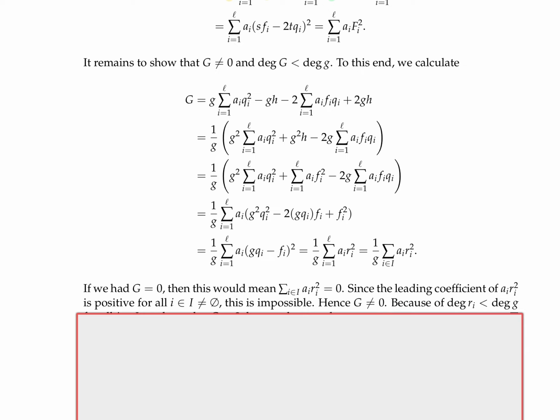Okay, and what is slightly surprising is that our new g is actually this thing here, divided by the old g, right? So that's quite surprising, because you would perhaps think that the capital G is some kind of new version of small g, right?